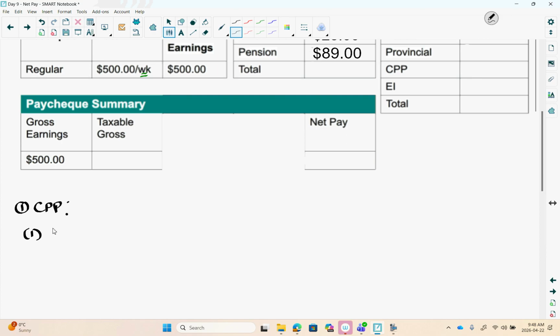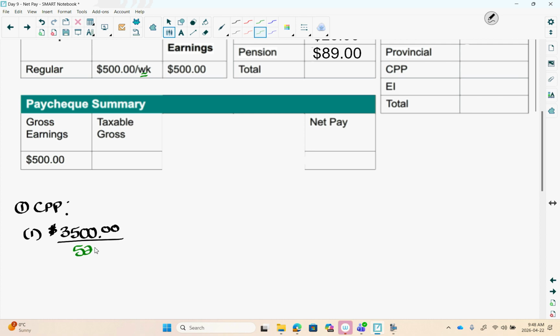So what's the number that I use in step one? What's the allowable exemption? Anyone remember what this number was? $3,500. Wicked. And you divide it by the number of paychecks the person gets. In this case, 52.